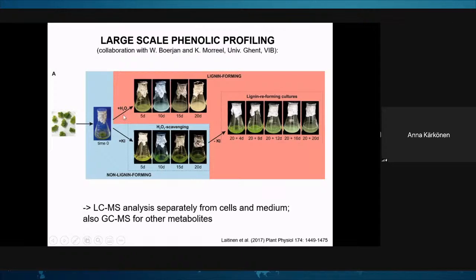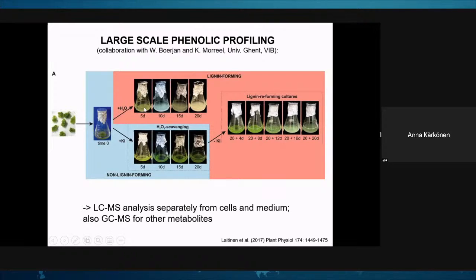This was to ensure that the cells are similar in each replicate culture. Half of the cultures got iodide treatment and half the corresponding volume of water. And then we allowed the cultures to grow and took samples at these time points.